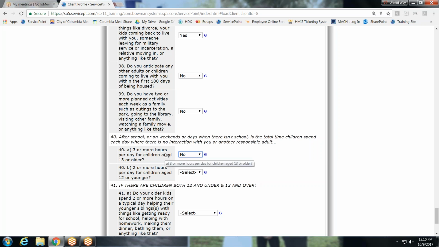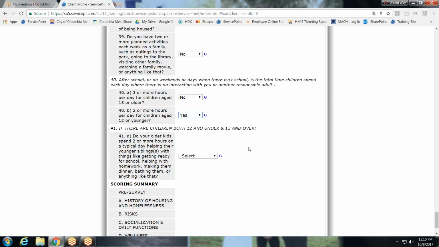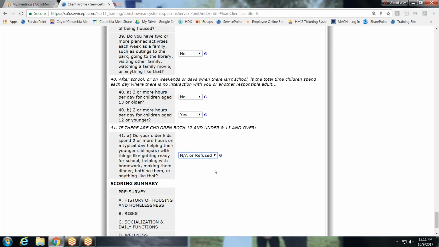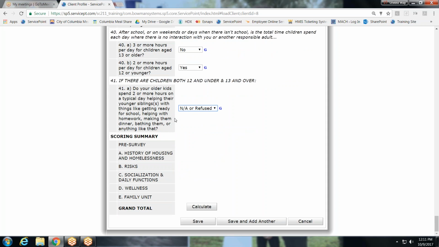When he's napping. Okay. All right, so as you said, there's not any children over the age of 13, correct? Correct. All right, so we're going to put NA or refused because that does not apply to her. So we're done with the family SPDAT.